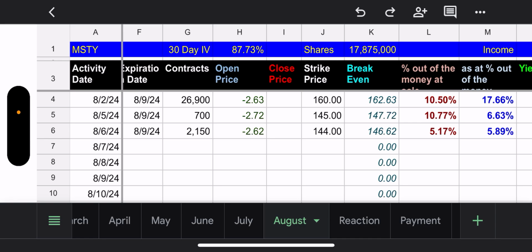Various positions from bottom to top: 2,150 contracts, 144 strike, 5.89% out of the money; 700 contracts, 145 strike, 6.63% out of the money; and the largest and most important position, 26,900 contracts, 160 strike, 17.66% out of the money.